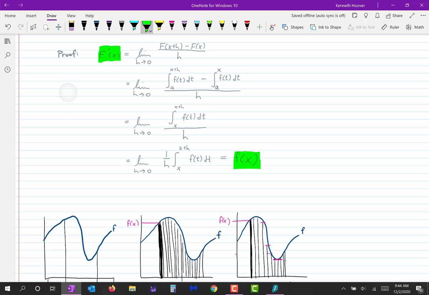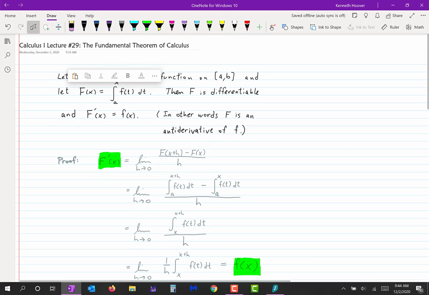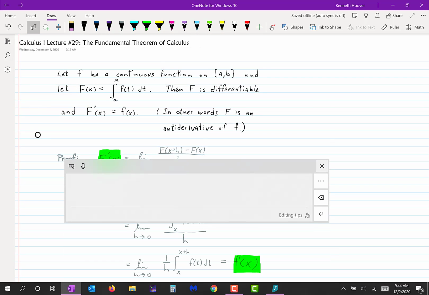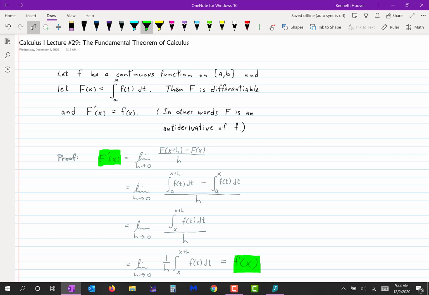That's what I was trying to prove, because if you look back at the fundamental theorem of calculus, it says, then capital F is differentiable and its derivative equals little f. That's what we were trying to prove, and that's what we did prove. Okay?